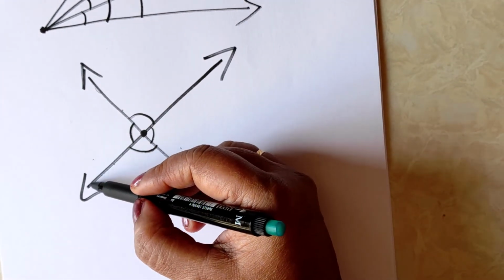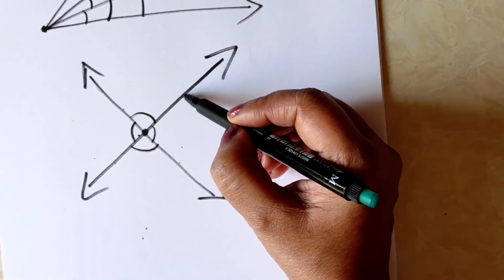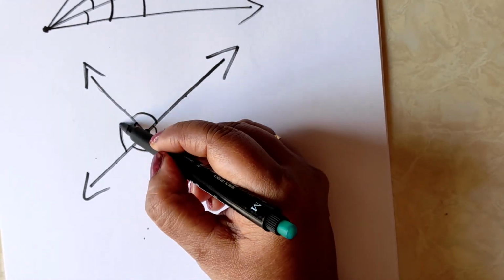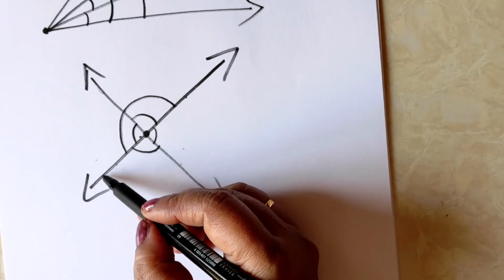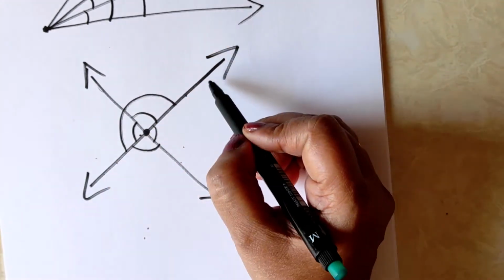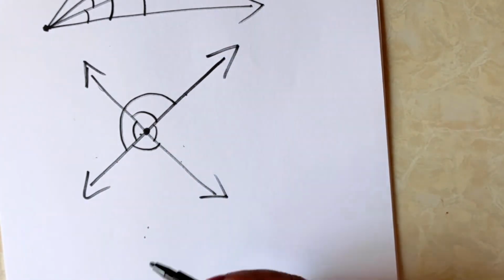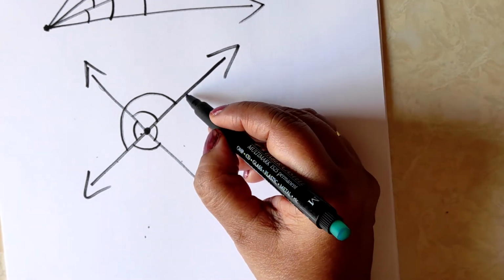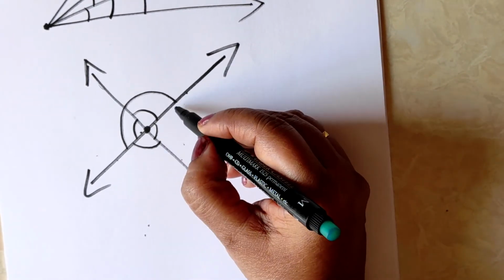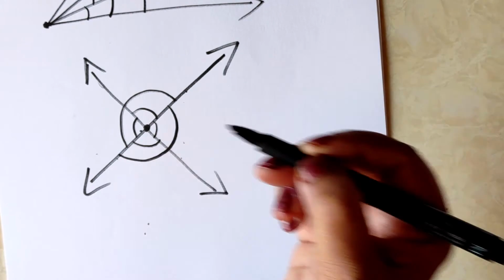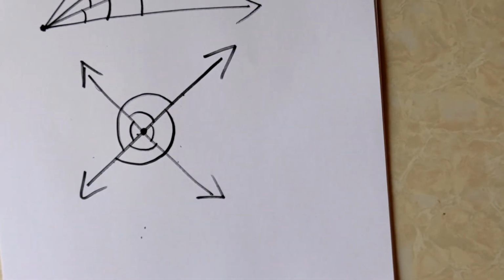Now between this arm and this arm, right? So I am taking like this, okay? So from this arm to this arm I can make one angle. Angle is formed, okay? From this arm to this arm another angle is formed. So how many are there in total?